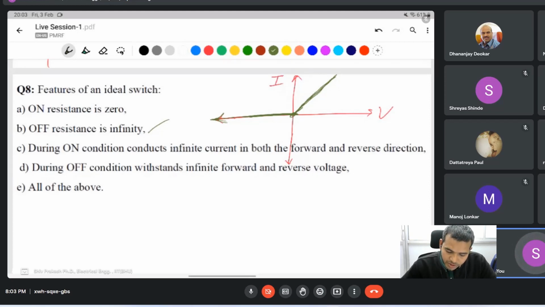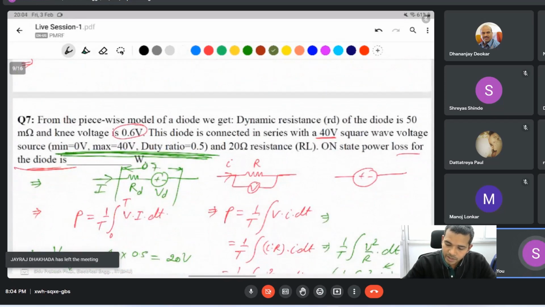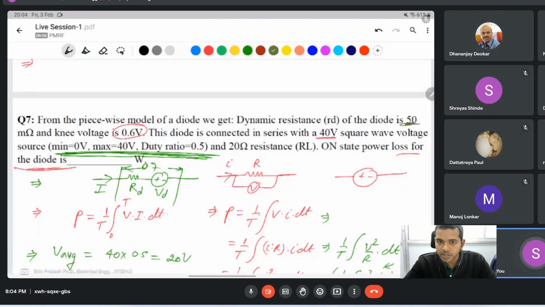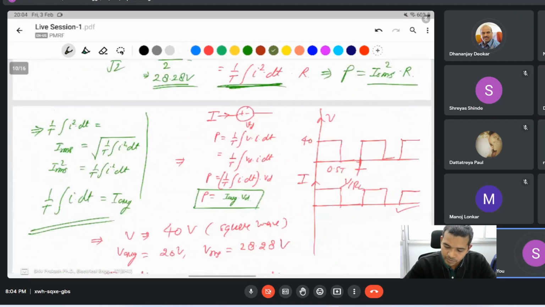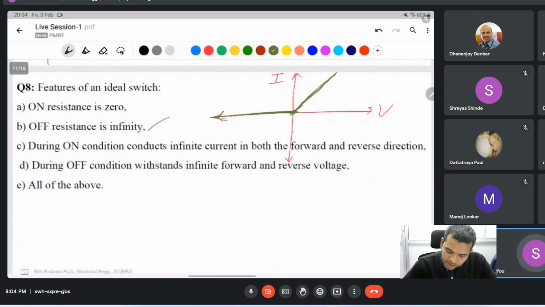And on resistance is 0. On resistance zero means it has zero resistance. Here the diode is given a dynamic resistance of 50 milliohm, but in ideal switches it will be 0. No resistance is provided by the diode. And during the on condition, it conducts infinite current in both the forward and reverse direction.